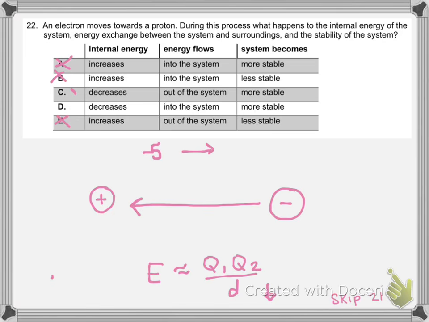And then as the system changes, maybe it goes to -10. And so that means that energy flows out of the system. And remember, molecules and particles like to be at a lower energy, that's a more stable position, making C the correct answer.